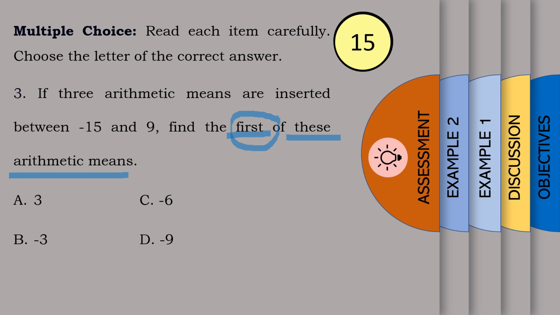So again, sa 3 arithmetic means between negative 15 and 9, ano yung una? Your 15 seconds starts now.